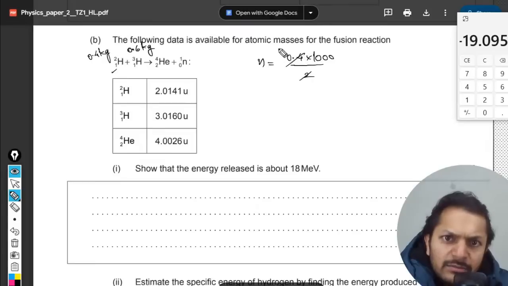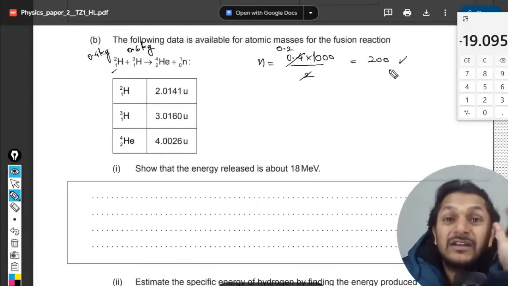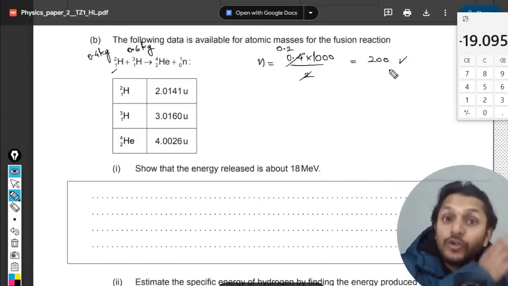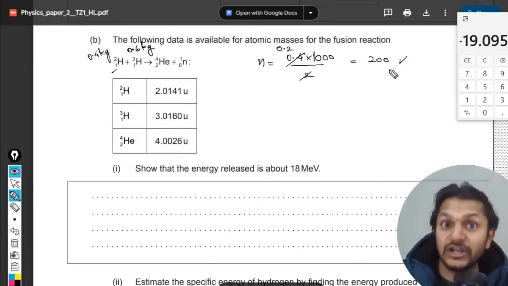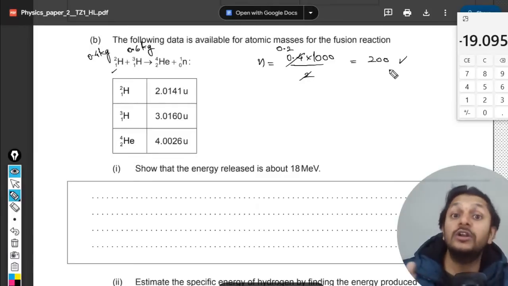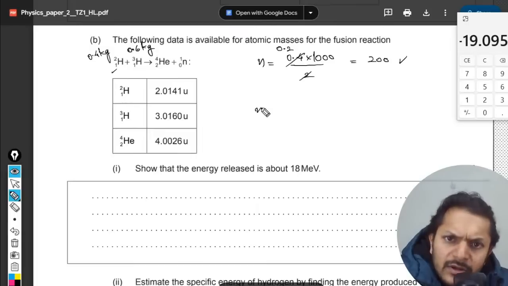So this will become 0.2 and it will become 200. So 200 moles of deuterium is present in the sample which is going to react in the nuclear reaction. 200 moles are there, not 1, not 2, 200 moles. Okay, and what about the tritium?